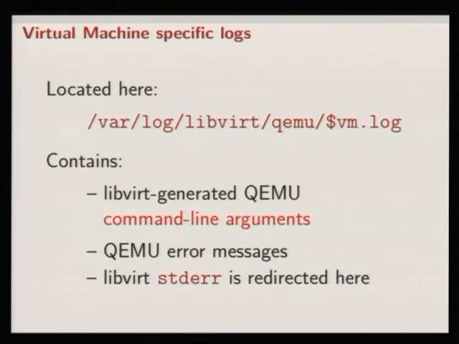So that's a useful place to look if you suspect there is any QEMU issue when you're debugging from a higher management layer. From there, you might get further clues by enabling log filters. And libvirt's standard error string is also redirected to the log file.